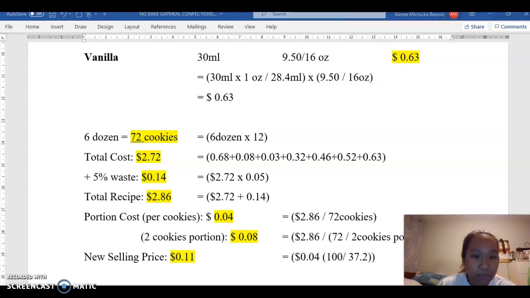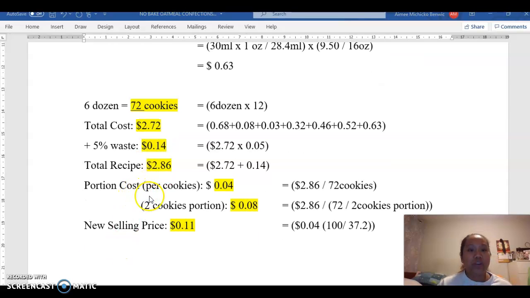For the portion cost per cookie, we have to get the total recipe cost divided by 72 cookies, as we get it here, and that gives us 4 cents each cookie.